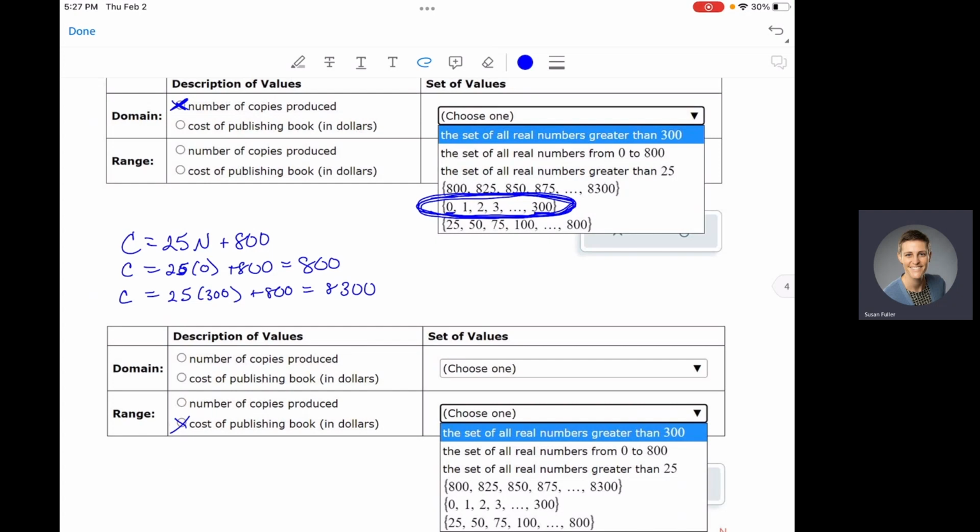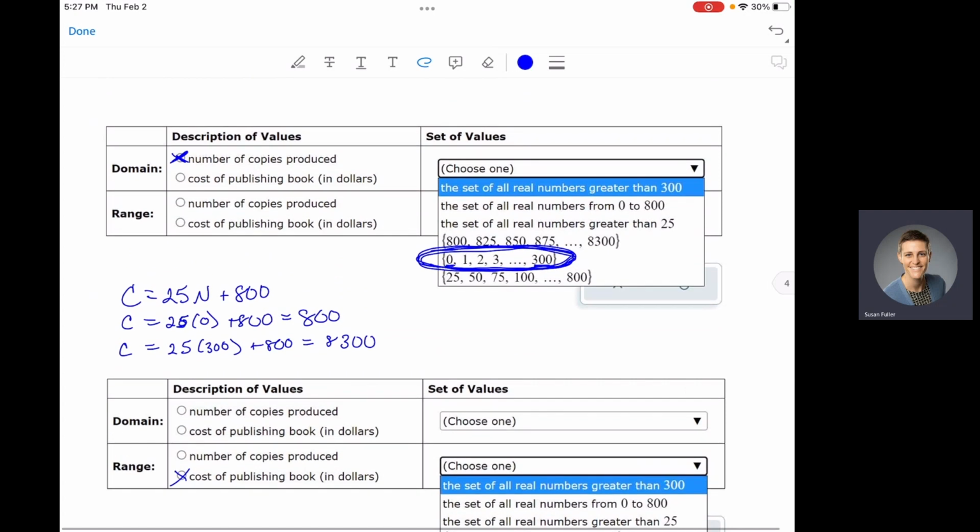But the thing is, we aren't going to get every number between 800 and 8,300, because our domain isn't absolutely every fraction between 0 and 300. So to figure out exactly which numbers are going to come out, I'm going to plug in a couple more values here. We already know what happens when we plug 0 in. Let's plug 1 in. What if we produce one book? 1 times 25 is 25, plus 800 is 825.